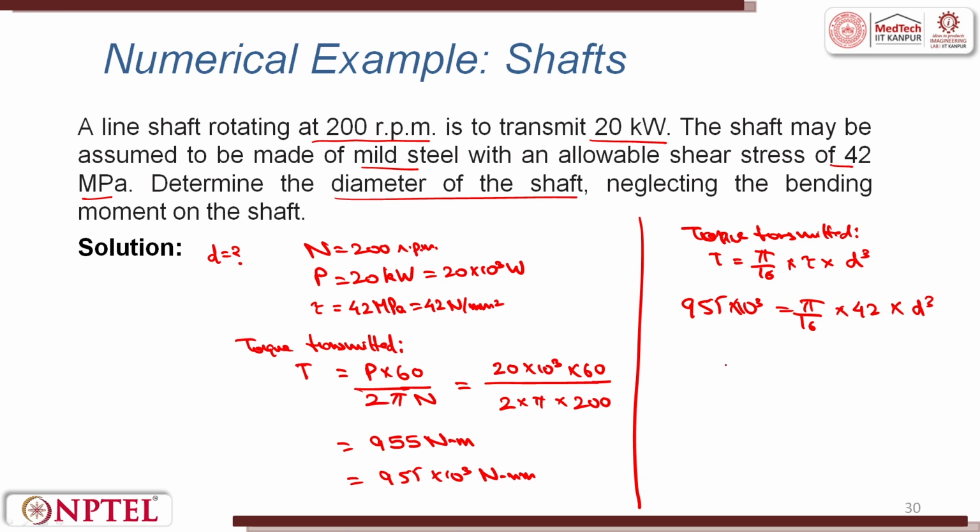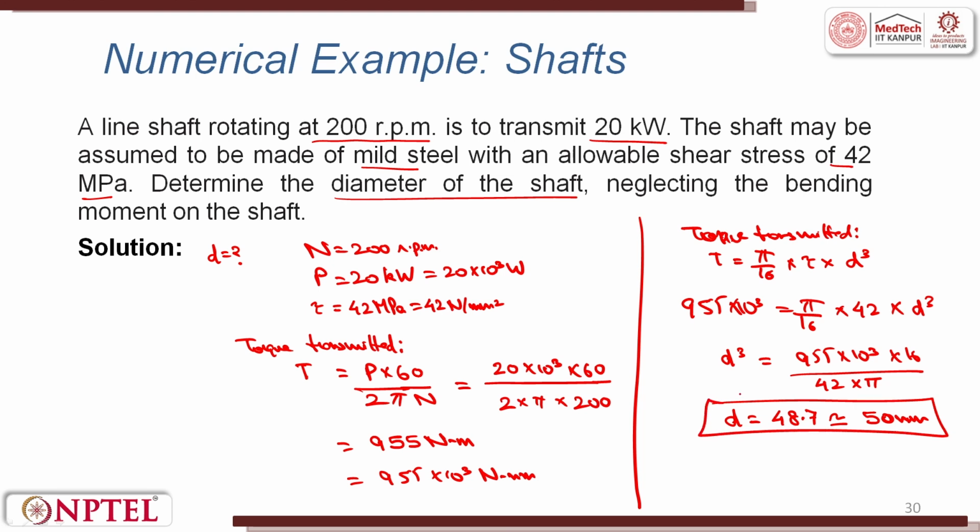This gives me d cube is equal to 955 into 10 raised to power 3 into 16 by 42 into pi. This gives me the value of d as 48.7, or we can say it is somewhat close to 50 millimeters.